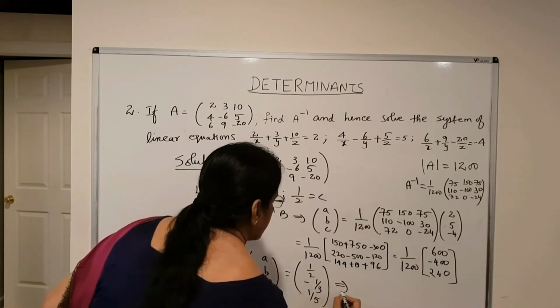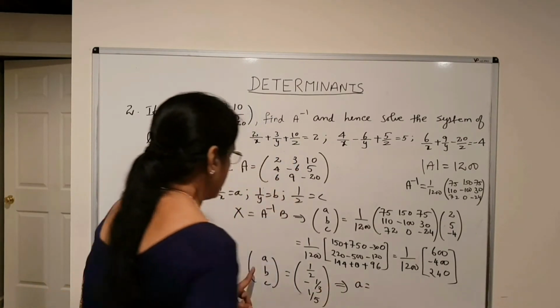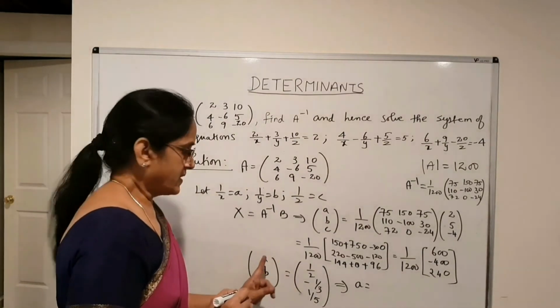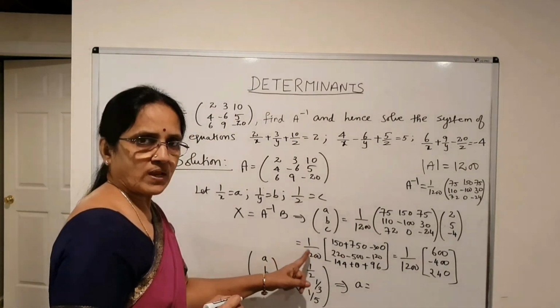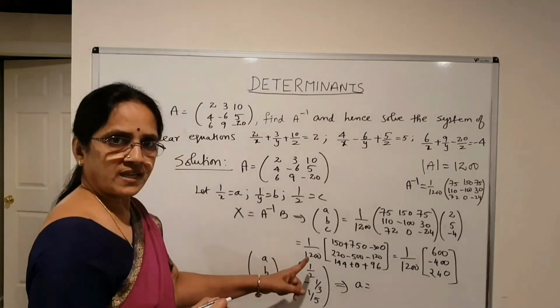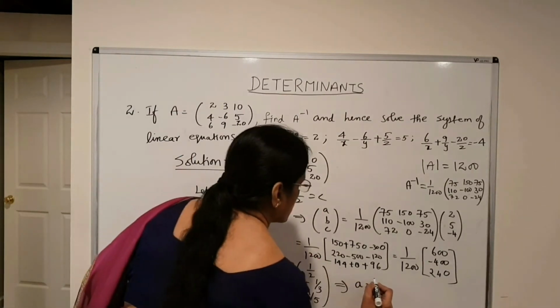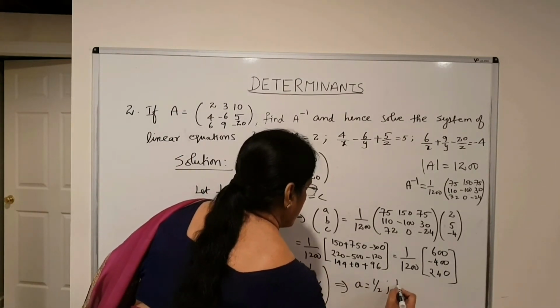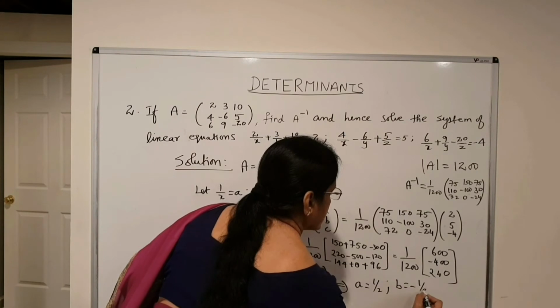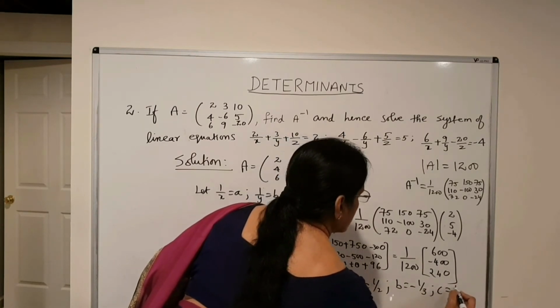This implies, because these two matrices are equal, the corresponding elements also will be equal. So when you equate the corresponding elements, you will be getting A is equal to 1 by 2, B equal to minus 1 by 3, C is equal to 1 by 5.